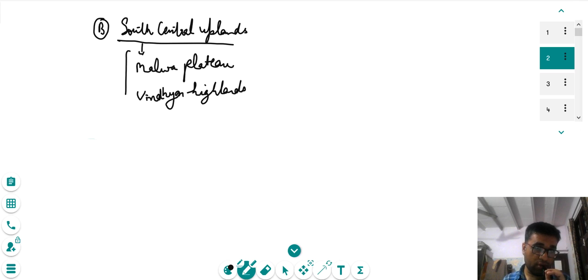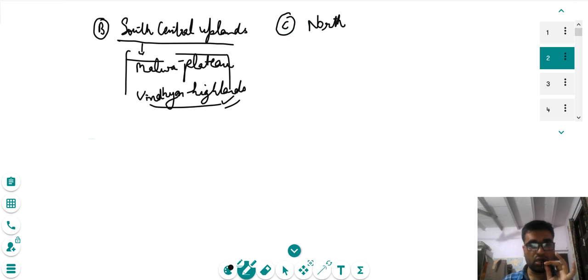So these are the part of the South Central Uplands. Moving to the third part, we have divided the peninsula first into the North Central Highlands, South Central Uplands, now the North Deccan. We will study each in detail, but first of all let us just do the classification.